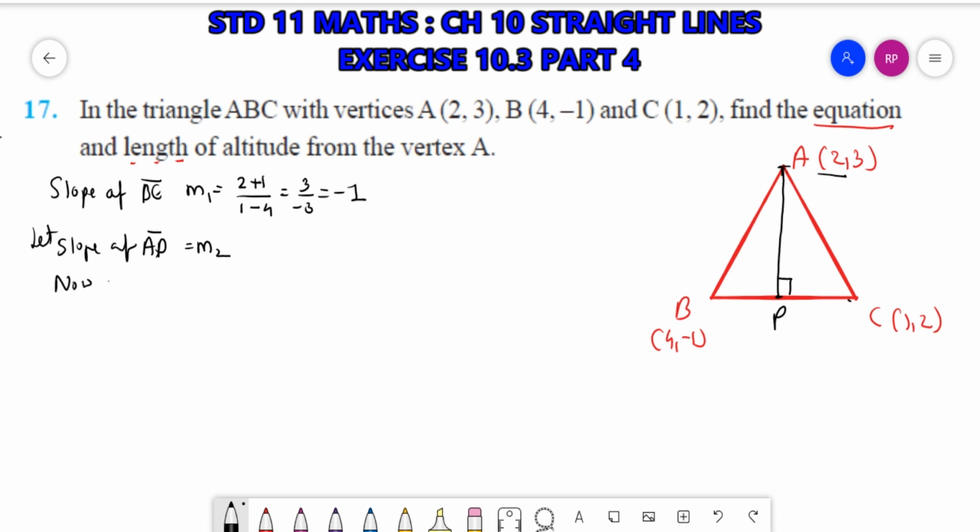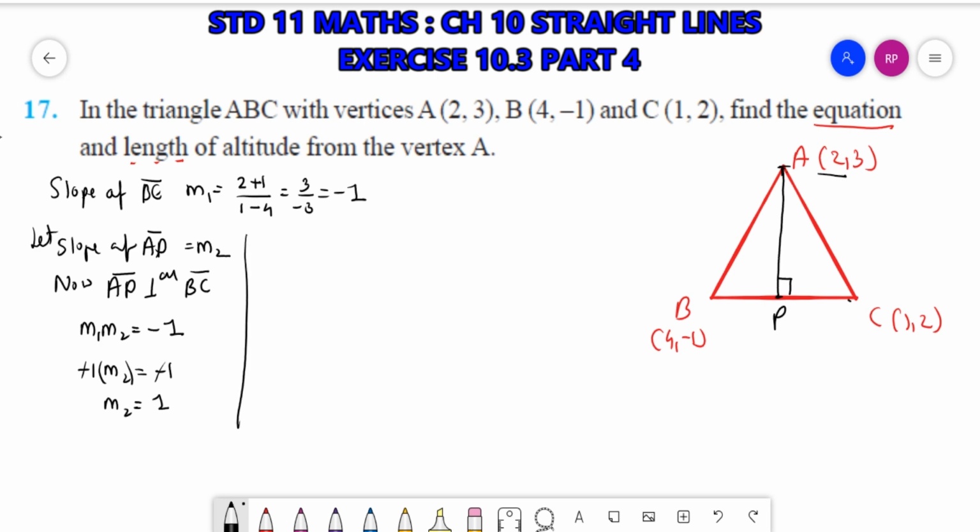Now AP is perpendicular to BC. What does that mean? m1 m2 is equal to minus 1. Minus 1 into m2 is equal to minus 1. Minus minus gets cancelled. So the slope of AP is 1.